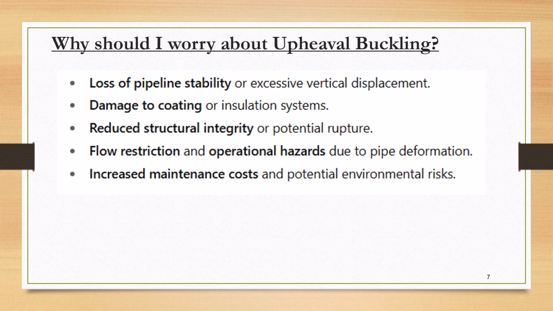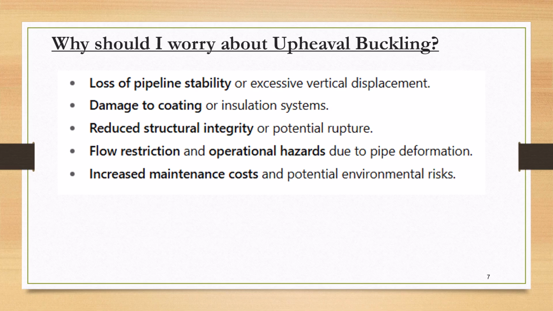Then it can cause operational issues. Upheaval buckling introduces unexpected displacement and stresses which can affect flow efficiency due to local bending and internal turbulence, cause misalignment at welded joints, and create cyclic stresses under temperature variations, reducing pipeline life.